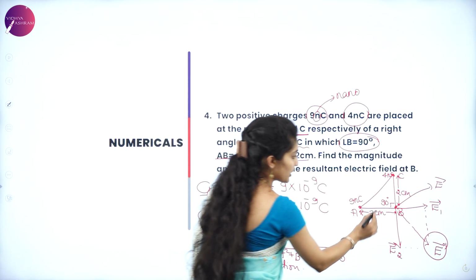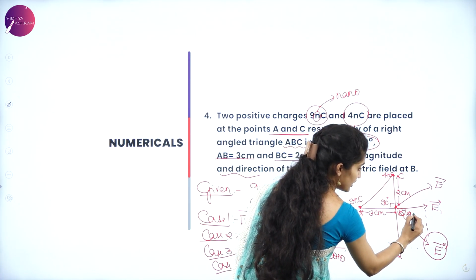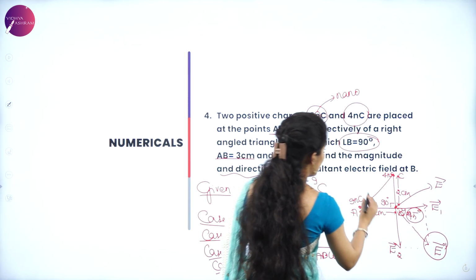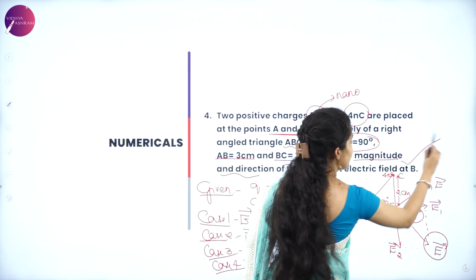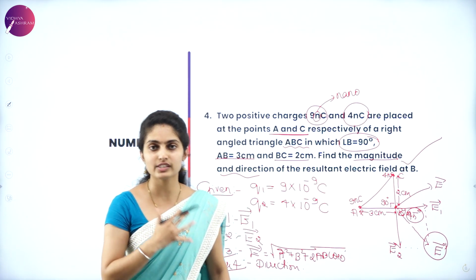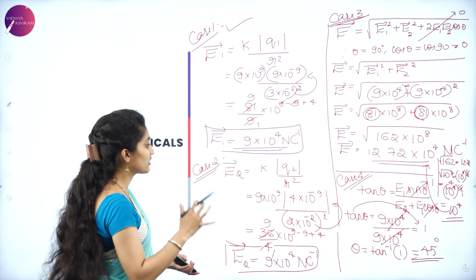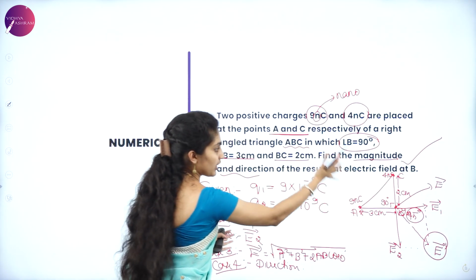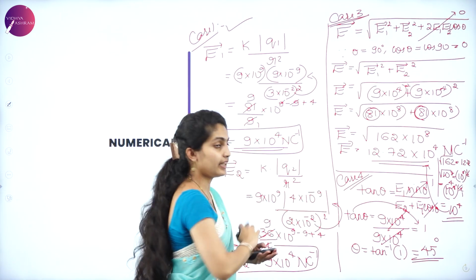Then you can just mention, since it is 90 degrees, it is half of it, that is, at 45 degrees. So you have found out your magnitude and the direction of the resultant electric field, and 5 marks will be in your pocket if you solve this kind of question in this manner. It is a very neat manner: first write given, diagram, case 1, case 2, case 3 and case 4.